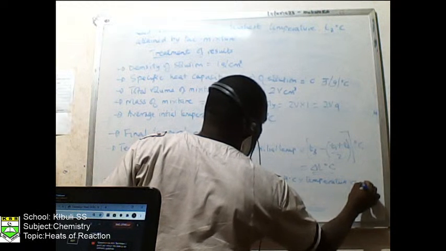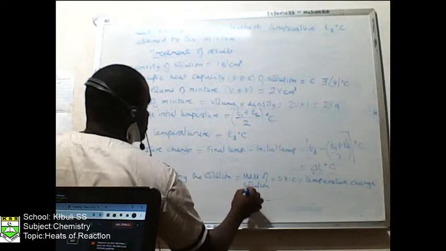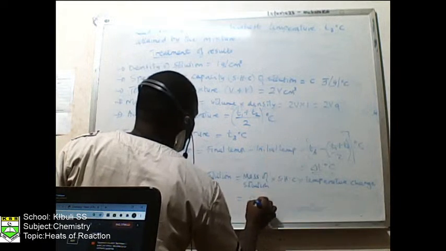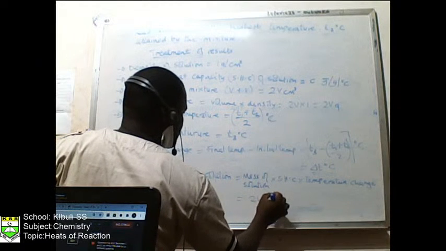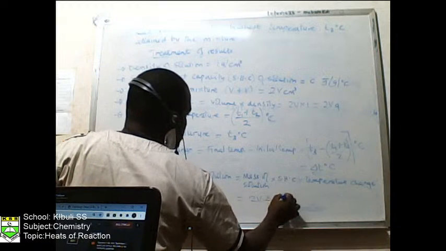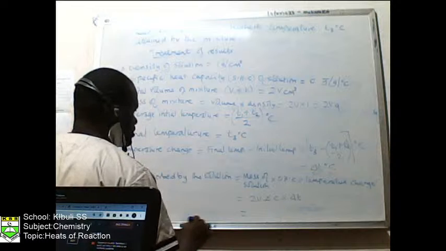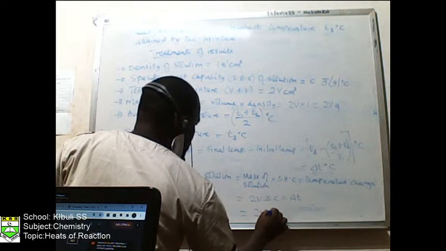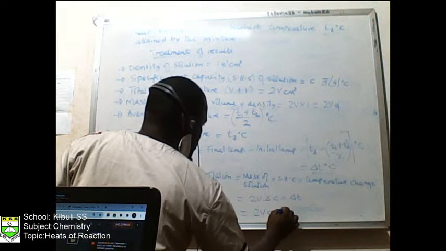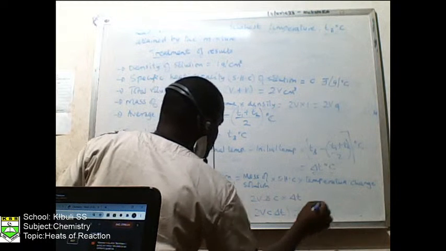Now the mass of the solution is 2V grams. The specific heat capacity is c, and the temperature change is delta T. So the heat absorbed by the solution is 2V c delta T, and this is heat energy, so the units are joules.